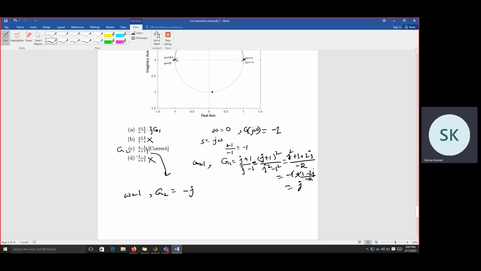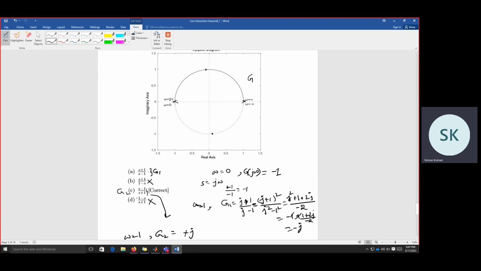So this is j plus 1 and j minus 1, and we just cross multiply. This is plus 2 of j omega, so this will be minus j, and we'll get this one as plus j.